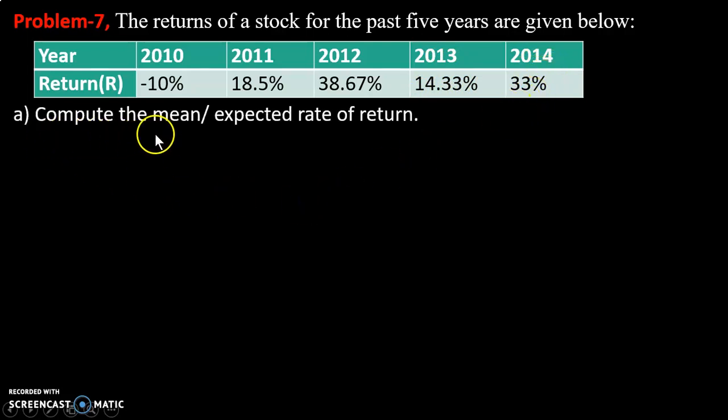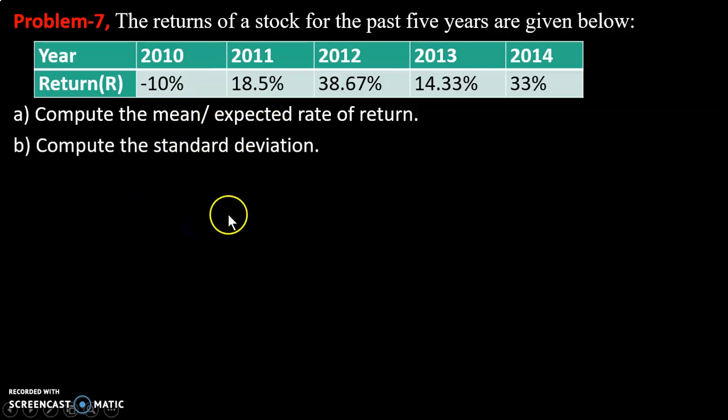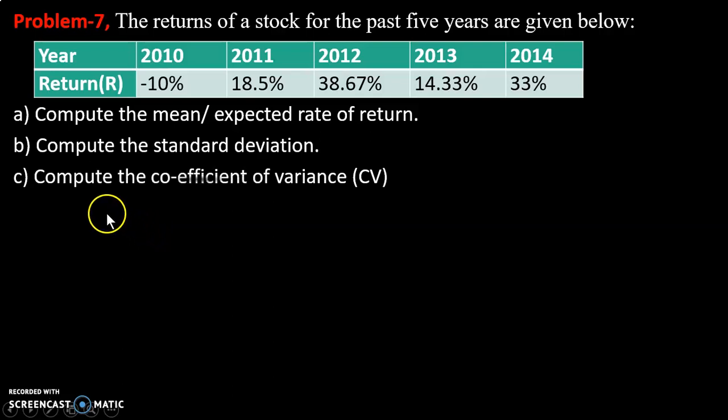First, we compute the mean or expected return. Second, we compute the standard deviation. Third, we compute the coefficient of variation. And last we compute the variance. We also learned this in the previous lecture.